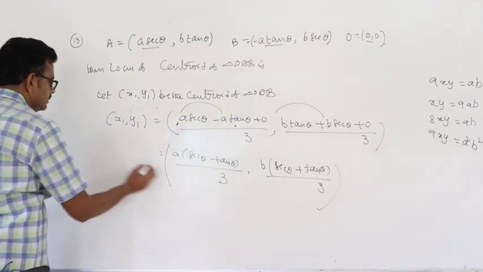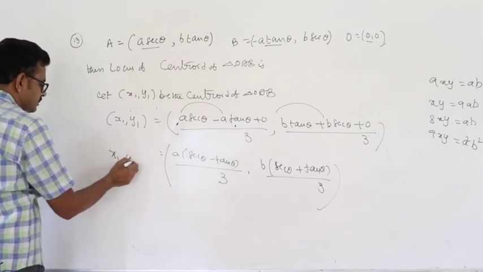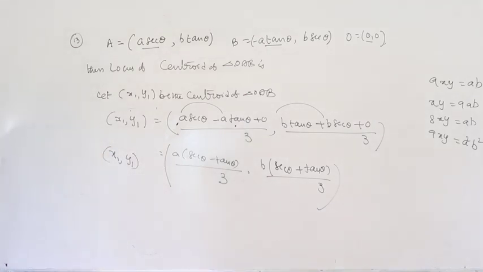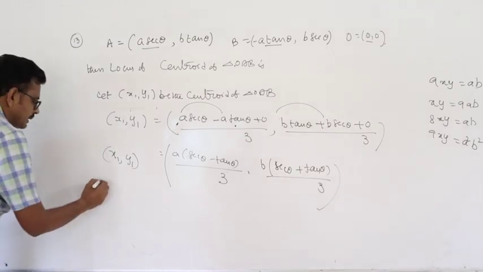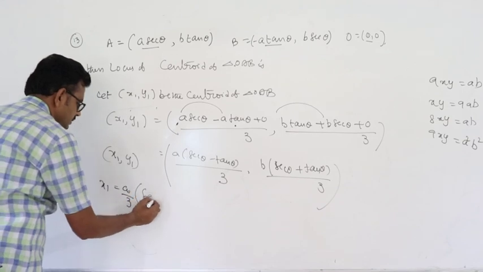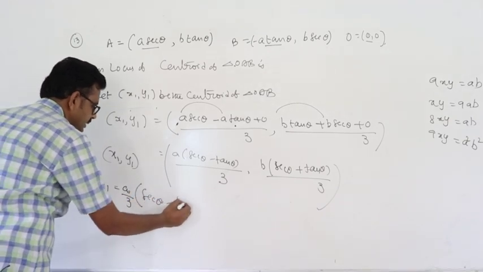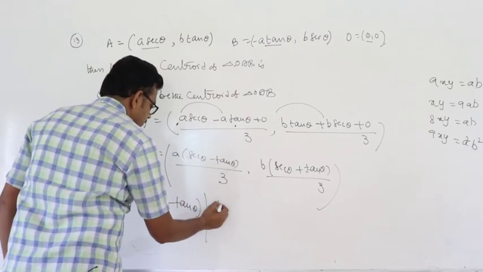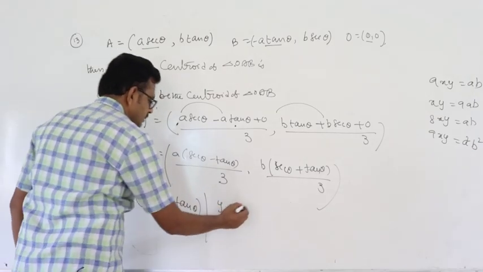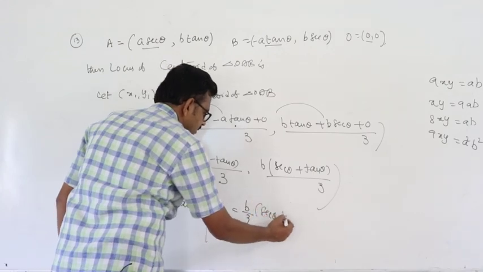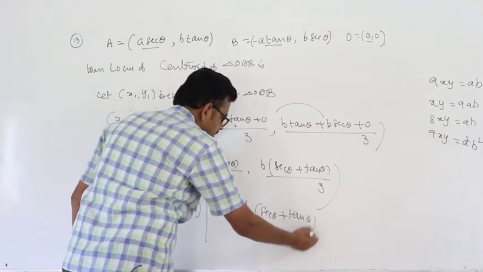This is x1 comma y1. So x1 is a by 3 into (secant theta minus tan theta), and y1 is b by 3 into (secant theta plus tan theta).